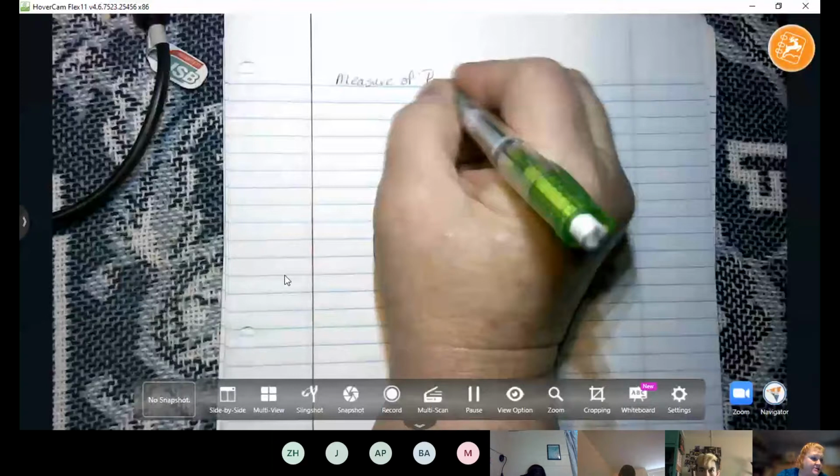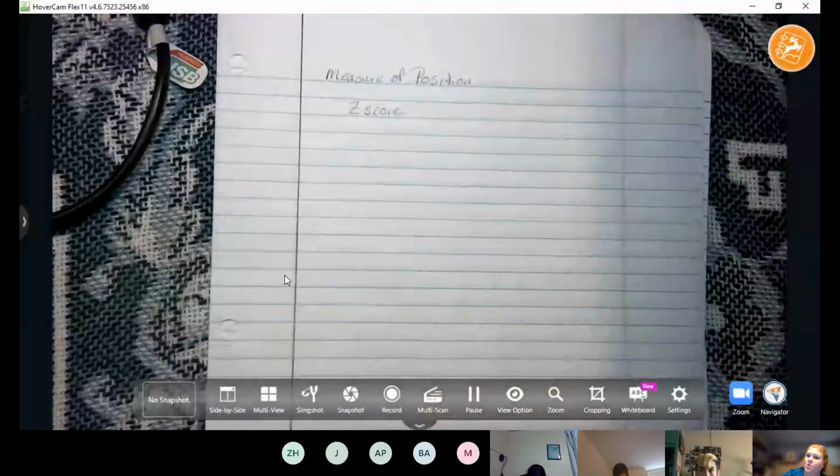And it's called a Z-score. A Z-score is often used because it also, like the coefficient of variation, can be used when the units are different and we want to compare two different data sets.